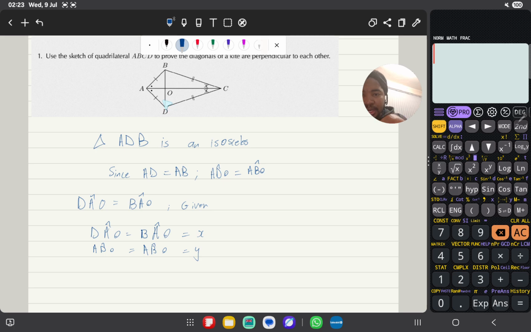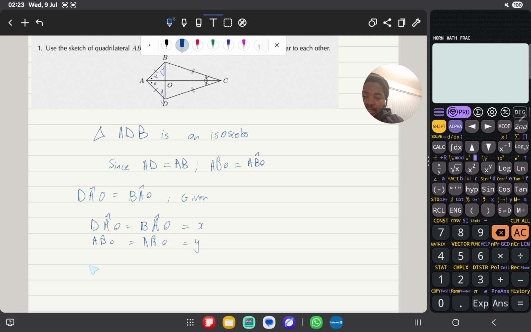This is Y, this is Y, this is X, this is X. So in triangle ADB, angle DAB plus angle ADO plus angle ABO equals 180 degrees.